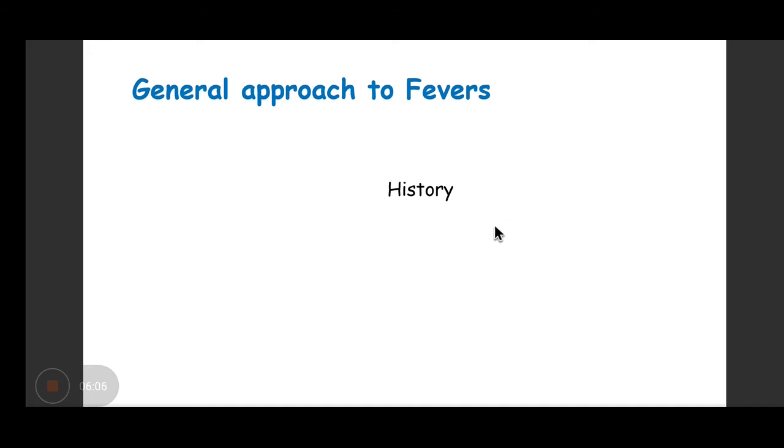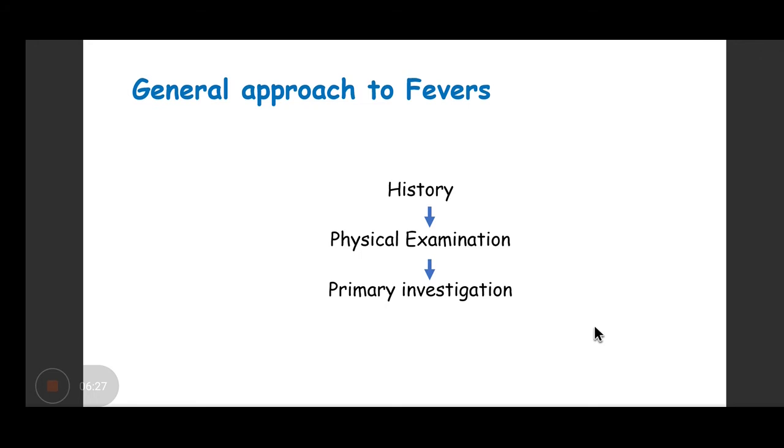The history will tell us something about the disease, and then we do the physical examination. Physical examination will tell us about associated symptoms and signs with the fever, and then we go for primary investigations, some general investigations like CBC, complete blood picture, etc. With history, physical examination and primary investigation, we will certainly get some clues.